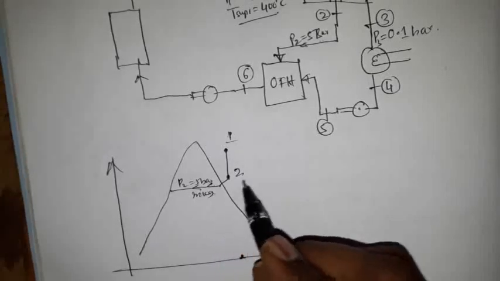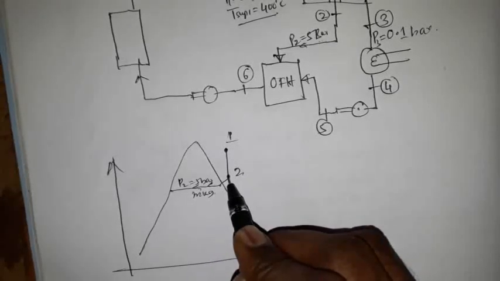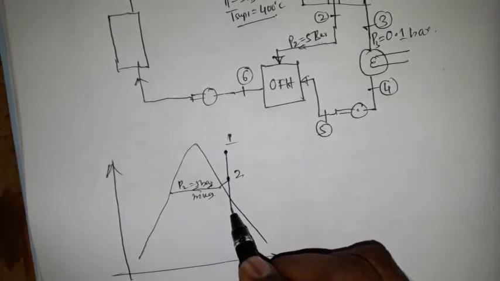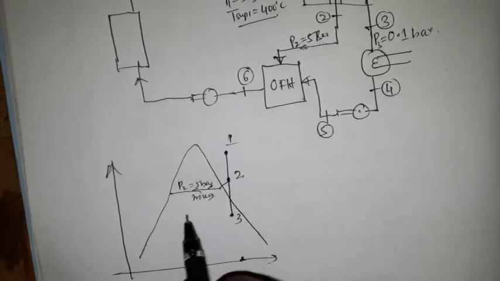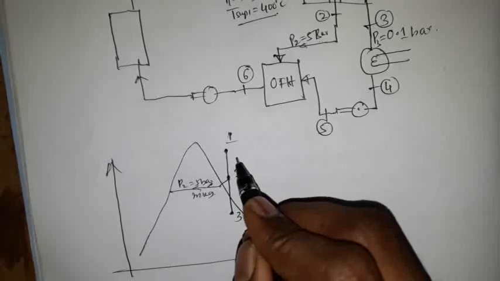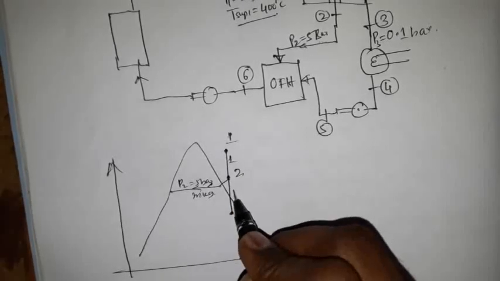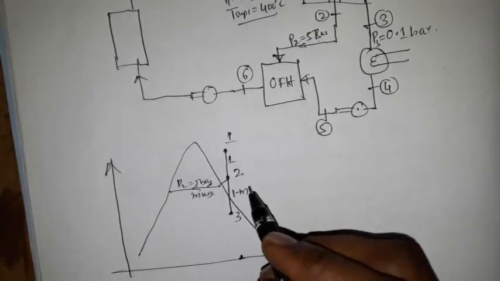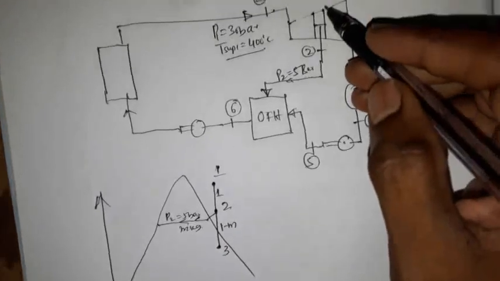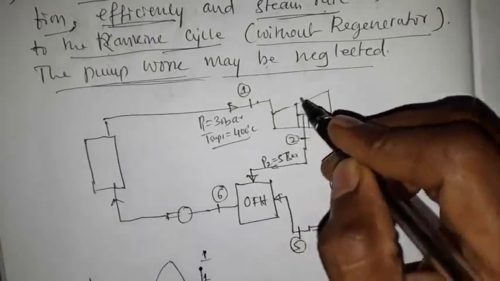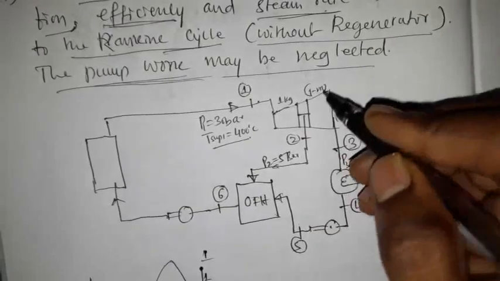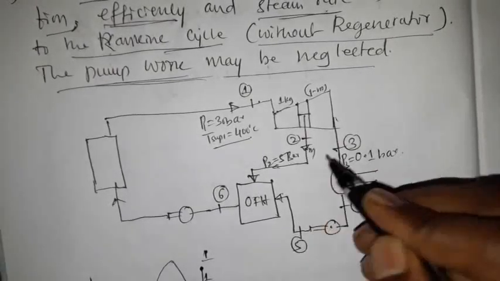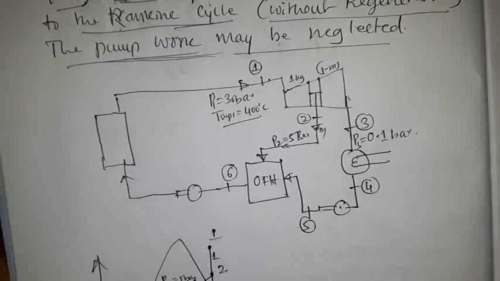After 2 it enters the second stage of the turbine and undergoes expansion till 3. Here it was 1 kg, here 1 minus m expands, because I have bled m kg from this.